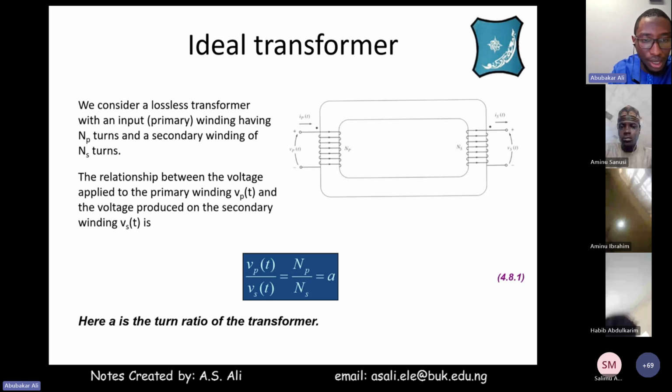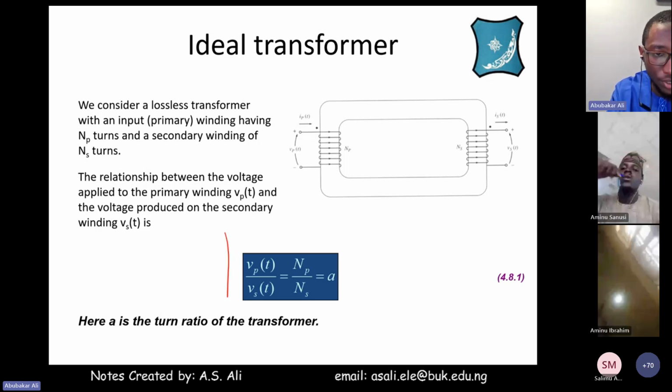We're going to look at them also when we come to motors or electromechanical machines. Okay, so this is one of the key formulas. You can just remember this. This is important. We call it the turn ratio, where N is the number of turns, NP in the primary and NS in the secondary. A is the ratio between NP and NS, and VP over VS is also equal to NP over NS.